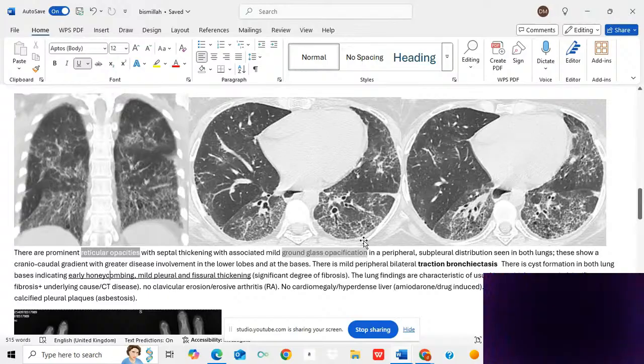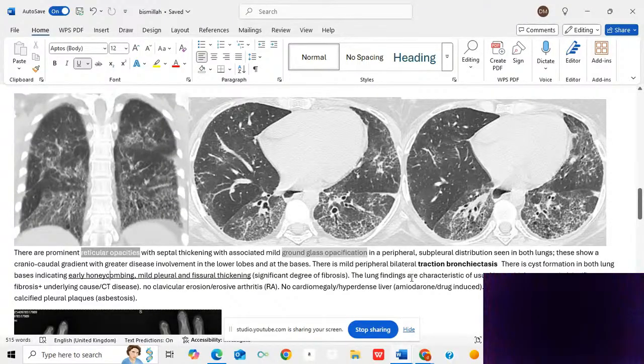There is also pleural thickening and fissural thickening. This is the fissural thickening and pleural thickening. Can you see the pleural thickening here? This is a sign of significant degree of fibrosis. So there are signs of significant degree of fibrosis in this case.